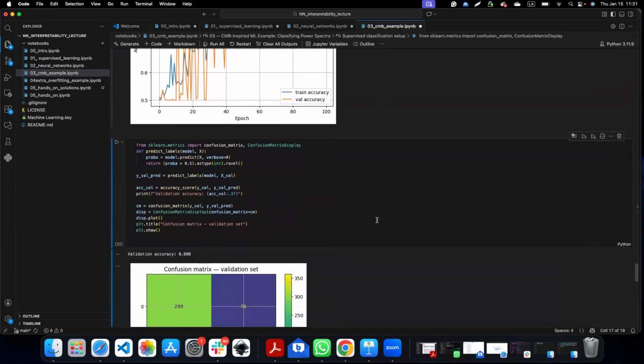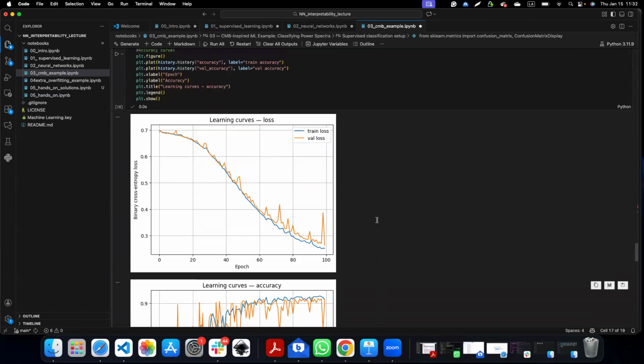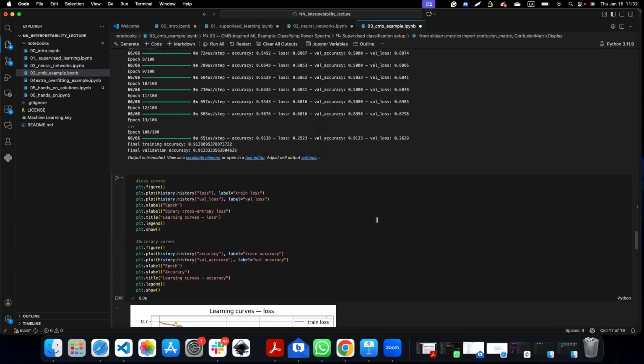If you have something like this, would you recommend to increase the number of epochs to see if the loss is still going down? Yes, because here it doesn't seem to be going to zero, right? We can even check here, what is the loss? The loss is 0.25.